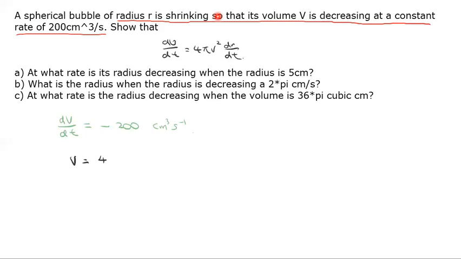No, that's surface area. 4 over 3 pi r something. Okay, so cube for volume, square for area. So the volume of a sphere is 4/3 pi r cubed. Our job is to show that dv dt is 4 pi r squared dr dt. That's the first thing we need to do.